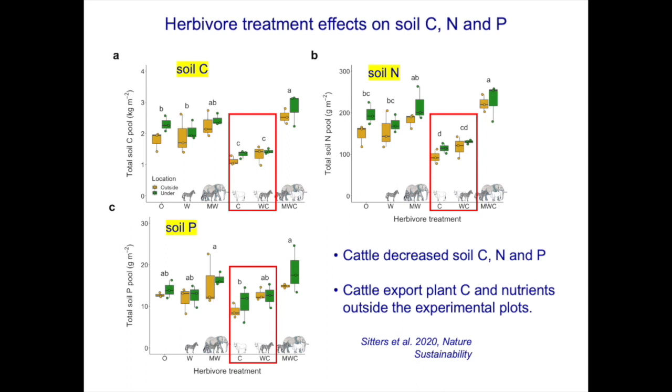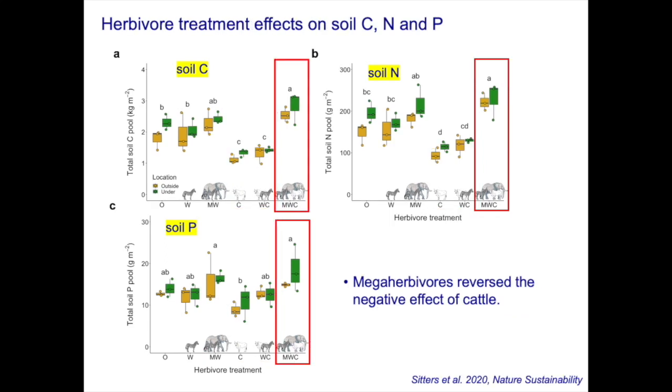And this is an indication that cattle are actually exporting nutrients from the plots by grazing and depositing the dung elsewhere. In sharp contrast, and this is the most exciting finding from our work, plots that cattle share with megaherbivores and other species of wildlife, the negative effect of cattle on soil nutrients are actually reversed.